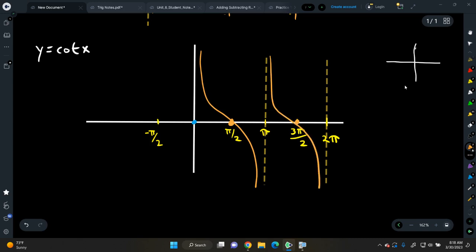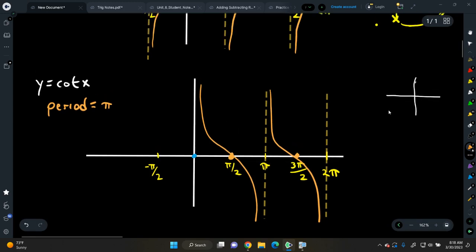There's your cotangent function. What's the period of a cotangent function? The period. How long does it take to repeat itself? Pi. The period is pi.